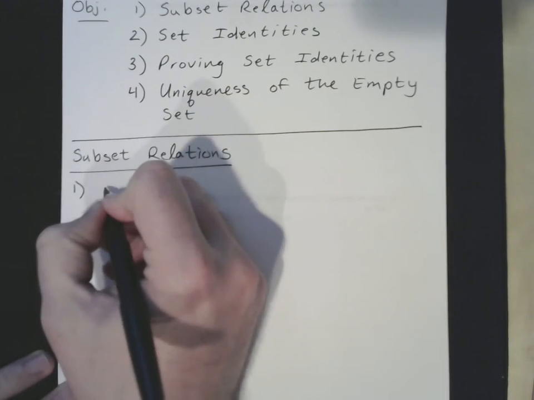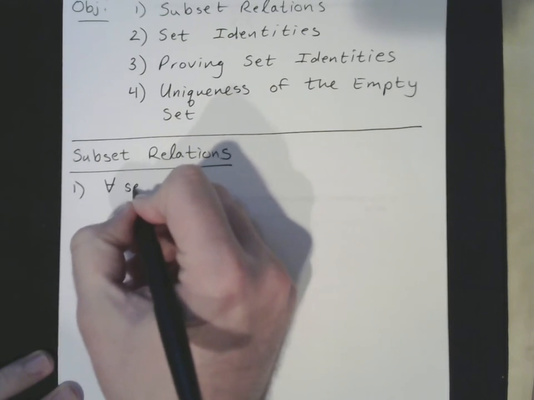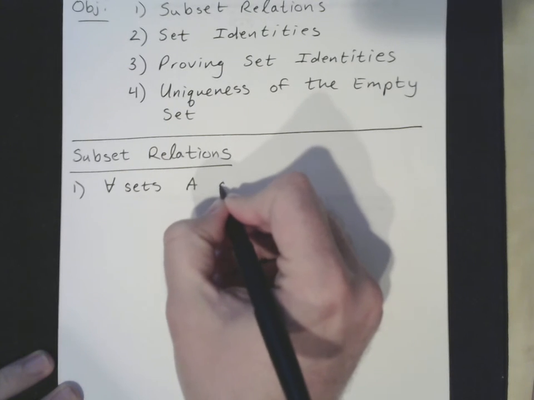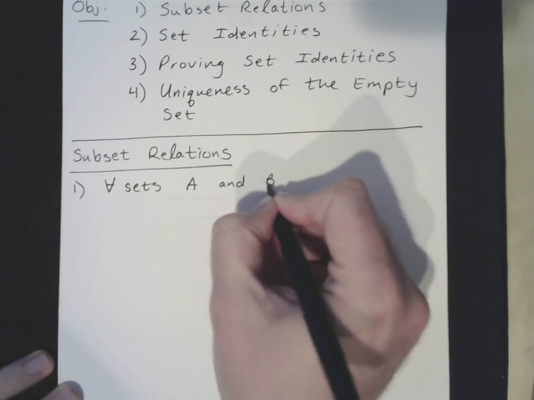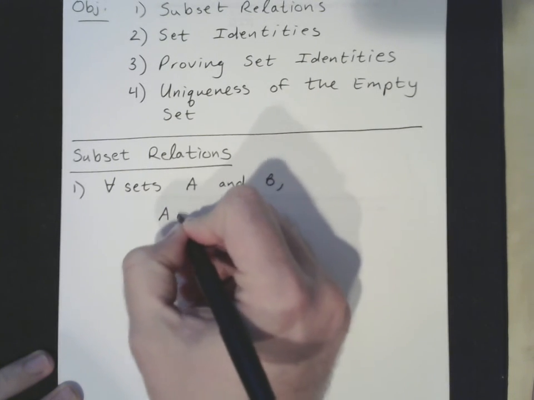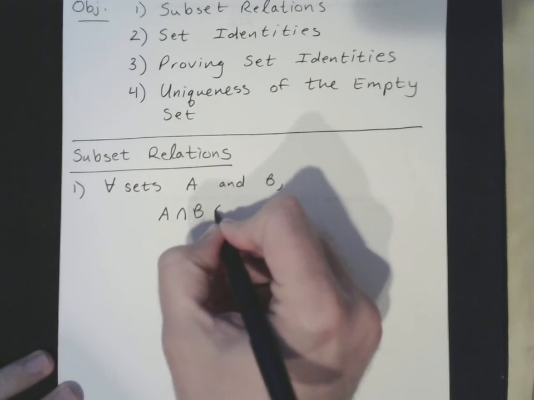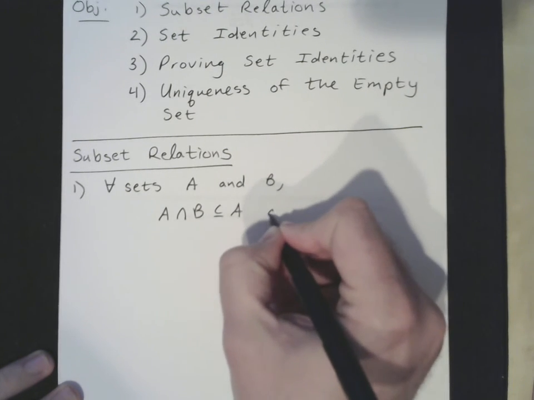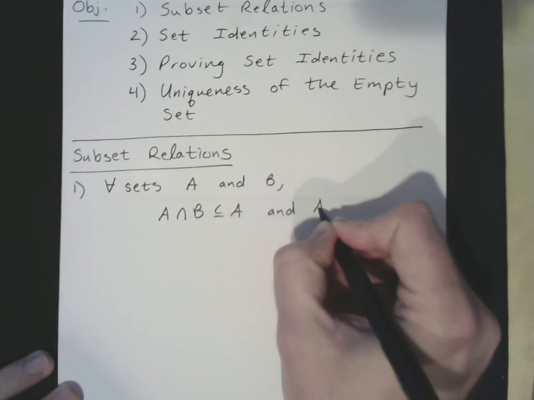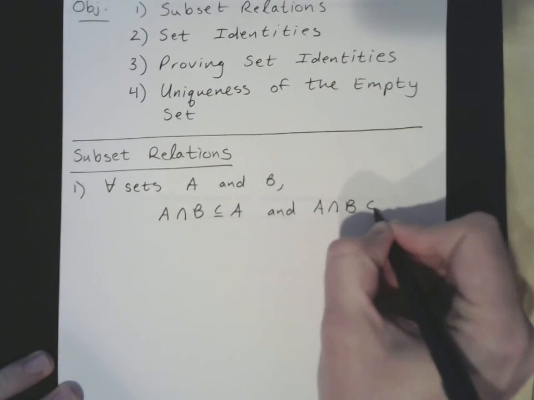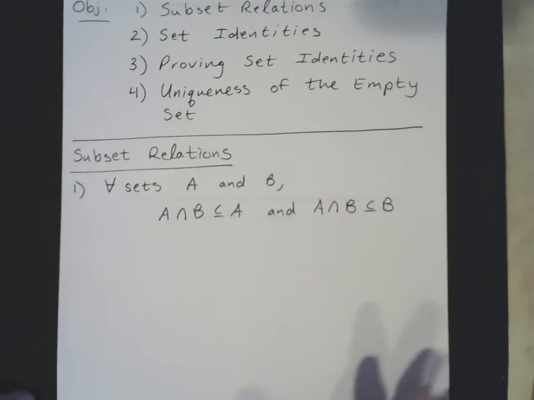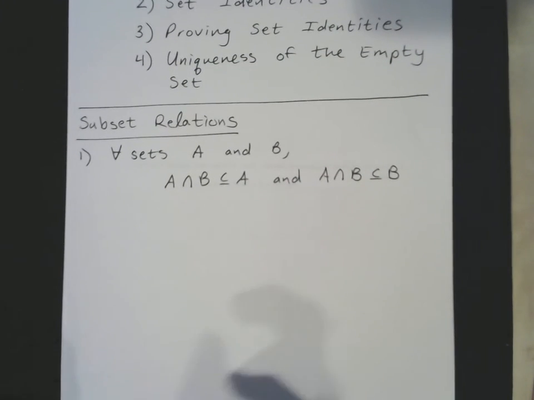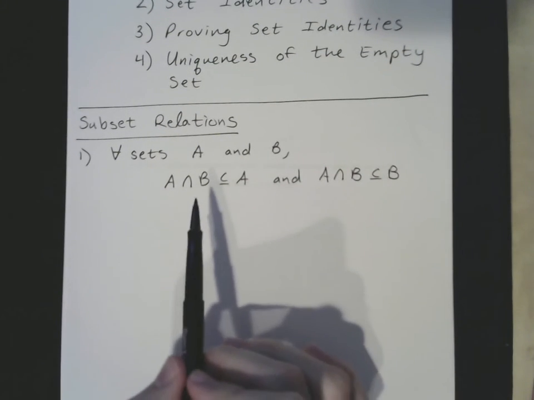So the first one we have, for all sets A and B, A intersect B is a subset of A, and A intersect B is a subset of B. All 3 of these that we're going to look at here are pretty straightforward.